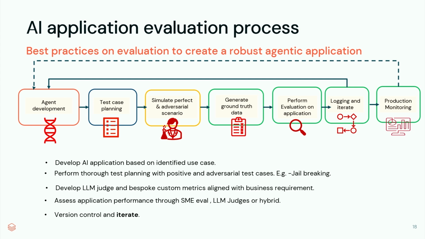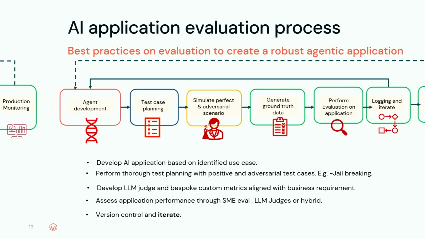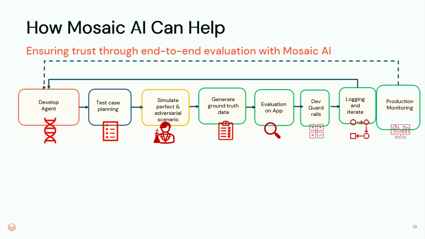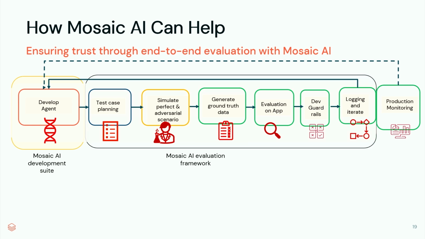Now, how can we help? I have shown a part of that application. How we can help is, we have everything needed for you to build this application. We have the Mosaic AI Development Suite, which helps you build that agent. Then we have our evaluation framework, which has everything, as I mentioned, for building a robust pipeline.